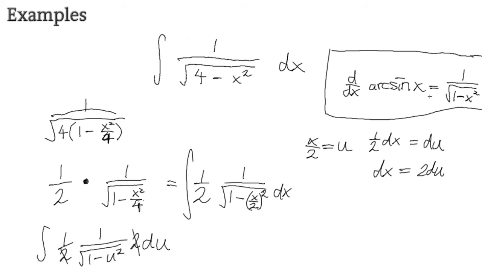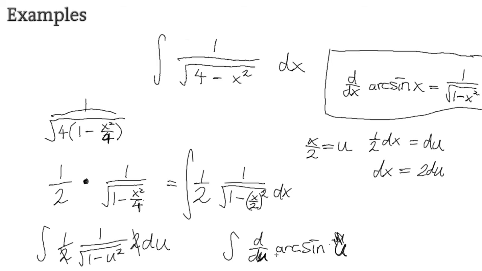Turns out that this is arcsine of u, so we have the integral of the d by du in this case of arcsine of u, just u, not u on 2.